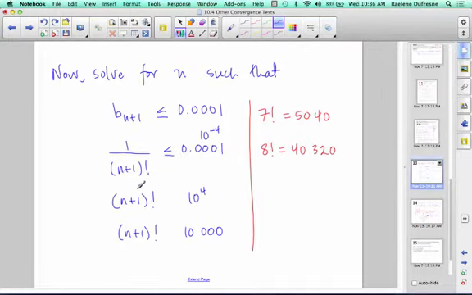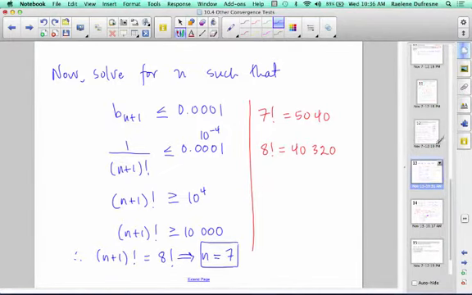But then when we reciprocate, the reciprocal will be greater than or equal to. So we need n plus 1 factorial to be greater than or equal to 10,000. And if n plus 1 is equal to 7, then n plus 1 factorial is not greater than or equal to 10,000. So we need n plus 1 factorial to equal 8 factorial, which means that we need n to equal 7.